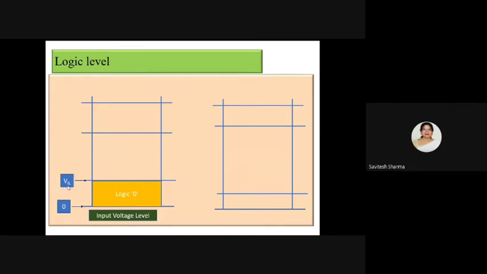Let's say that for the device this range is 1.5 volt, from 0 volt to 1.5 volt, I will say that is logic 0. So if in a circuit I am applying an input voltage of, suppose, 1.2 volt, that means it is equivalent to logic 0.